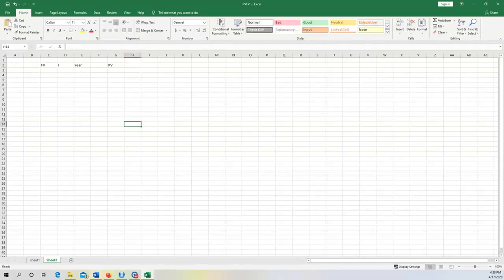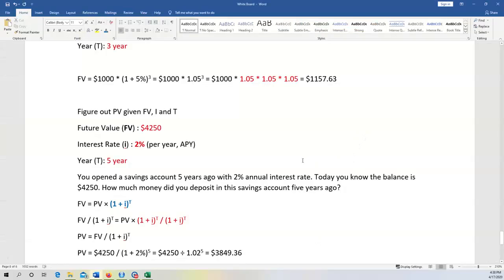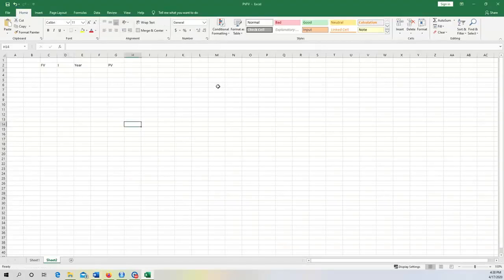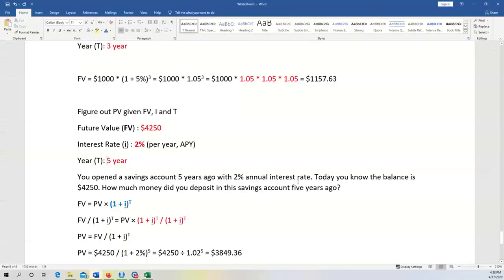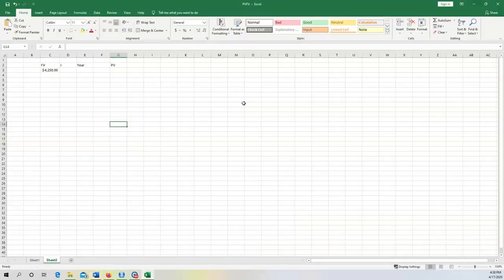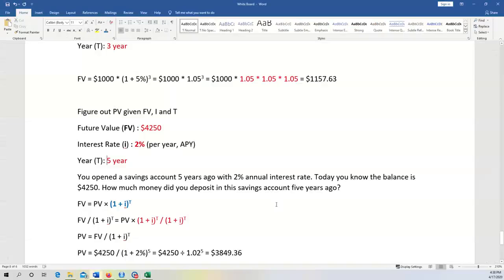So for example, suppose you know the future value is $4,250. Let me convert it into dollar. And interest rate here, 2%. I want to convert it into percentage, not 200, so retype the 2 here. And for how long? 5 years here.